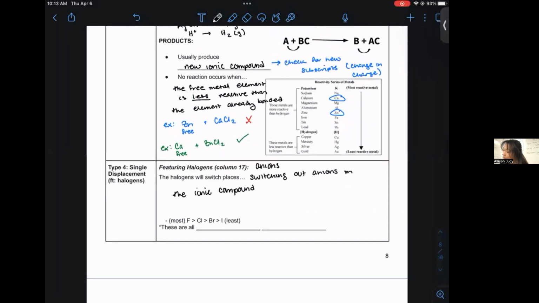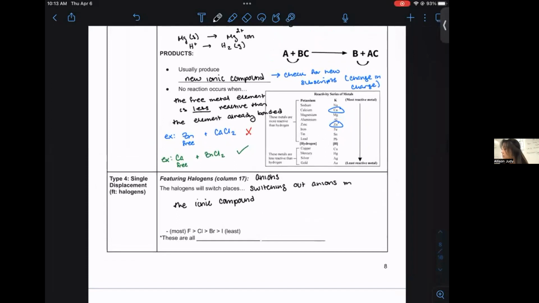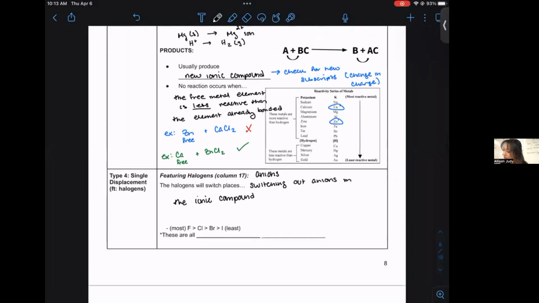So just like with metal, this is not always going to happen unless the free halogen is more reactive than the bonded halogen, than the bonded anion.